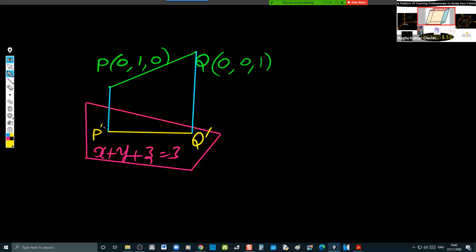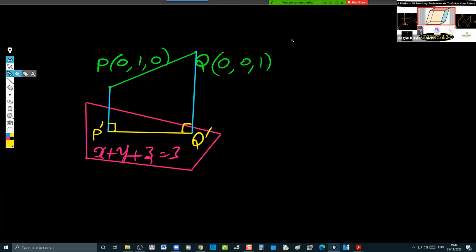After finding P dash and Q dash, you have to find out the distance between them. This is the only way to do it. This is perpendicular. This is perpendicular. That means you have to find out the foot of the perpendicular here and here also, foot of the perpendicular onto the plane. I'd like to revise the formula, which is very much there in 2D line also.